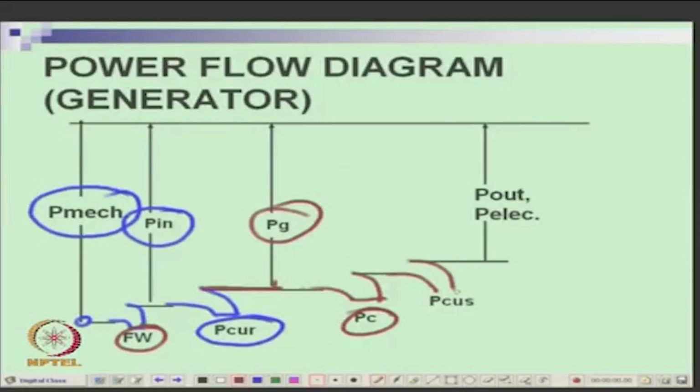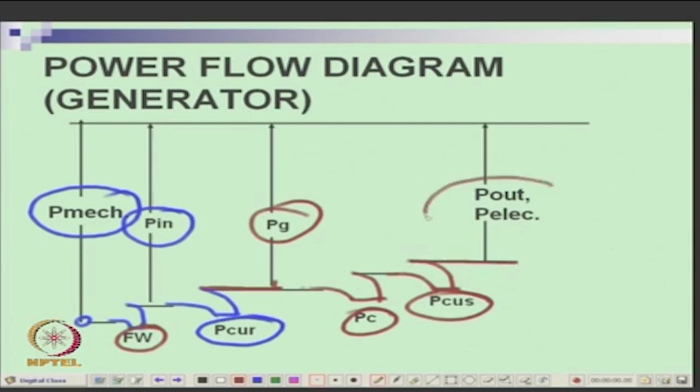So, air gap power is opposite now. Now, the air gap power transfers to the stator, and then there is certain loss in the core loss, and then there is some loss in the stator copper loss. So, it gets into the stator, certain loss goes out in the core loss, certain loss goes out in the copper loss, and what is remaining?